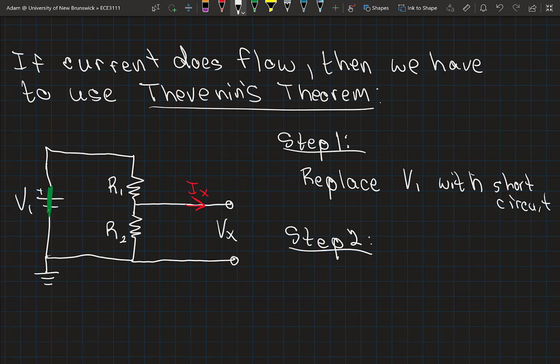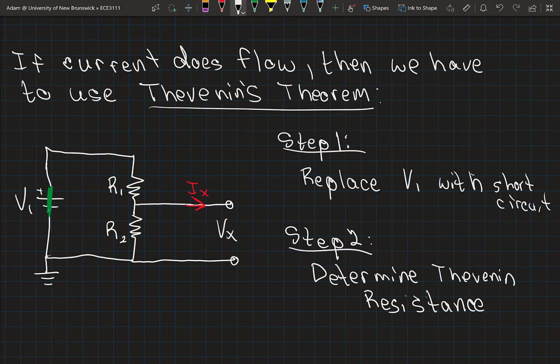we determine the Thevenin resistance. So that's the resistance looking back from the point where we're trying to calculate the source voltage.